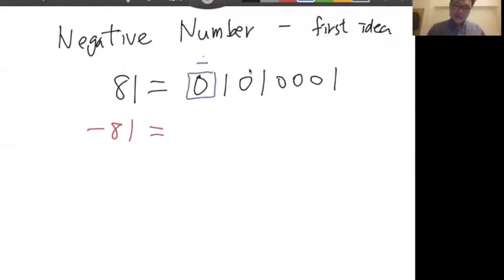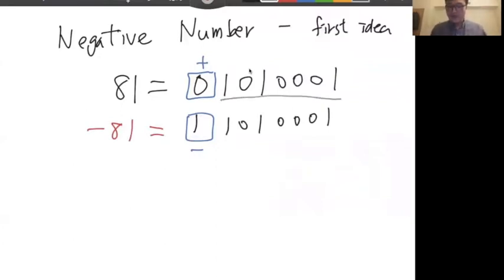If 0 is positive and 1 is negative, then everything else will be the same, right? So in this case, this can represent negative 81, because this is 81 in binary. This is the first idea. This is not bad actually. We can use the digit to represent this, but this is not a really fantastic one.